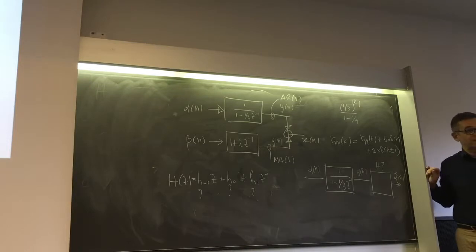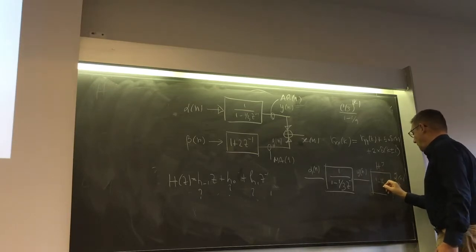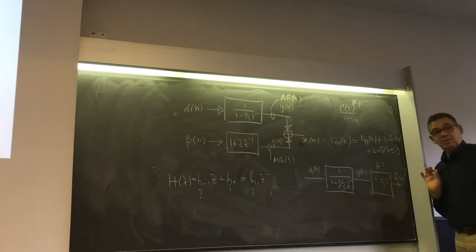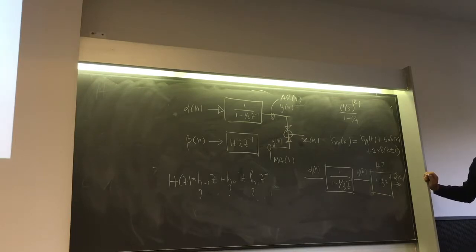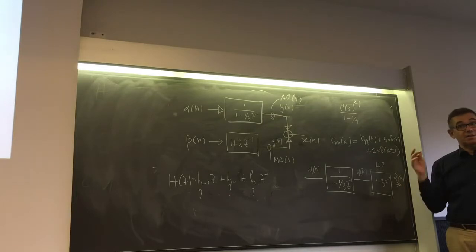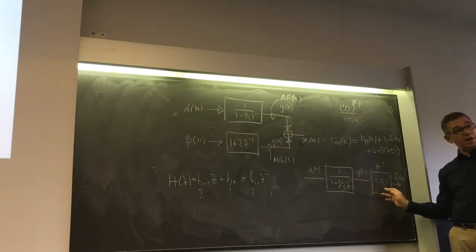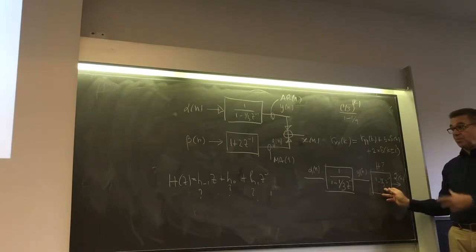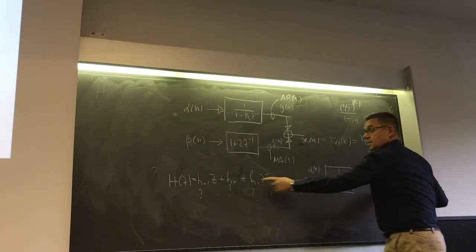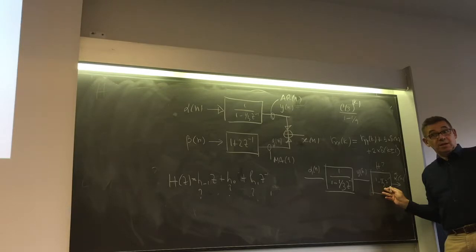What is the filter? Right? It's 1 minus 1/3 z to the minus 1. Okay? So the answer is coefficient h minus 1 is 0, coefficient h0 is 1, coefficient h1 is minus 1/3. Do you agree with that? Okay?